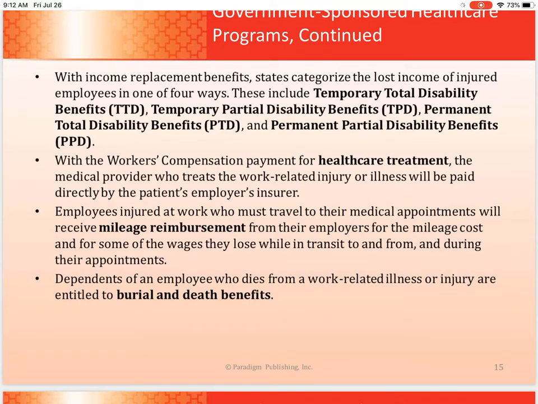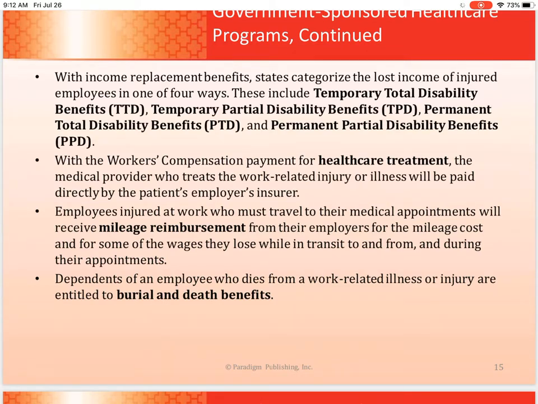Then we have burial and death. Dependents of an employee who dies from a work-related illness or injury are entitled to burial and death benefits. Death benefits are used to replace a portion of the employee's lost income due to the work-related illness or injury.